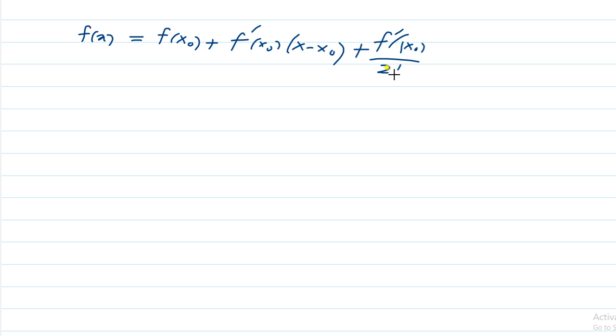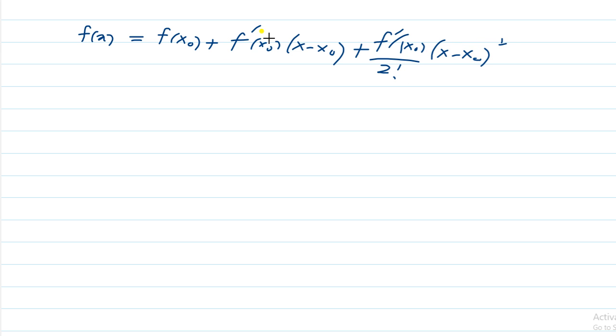If f(x) is any function which is continuous and has continuous derivatives up to order n, right? Then any f(x) can be written as f at a point x naught, plus f prime at x naught times (x minus x naught), plus the second derivative at x naught divided by 2 factorial times (x minus x naught) squared.